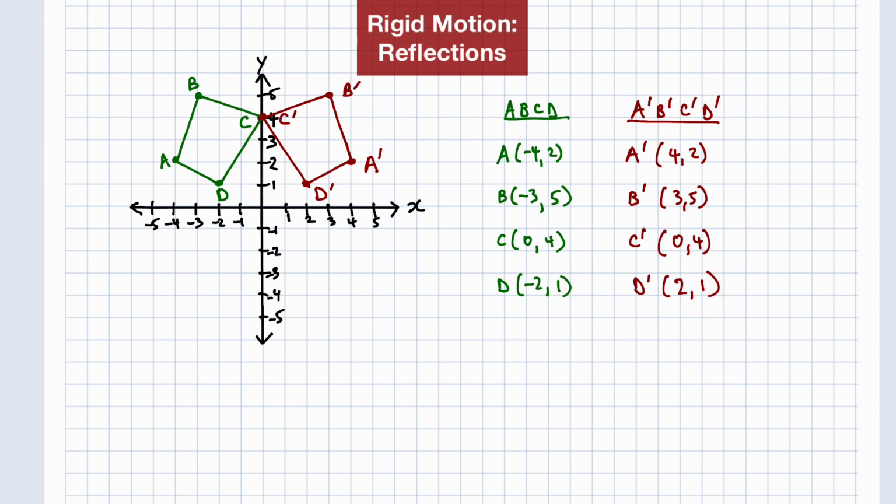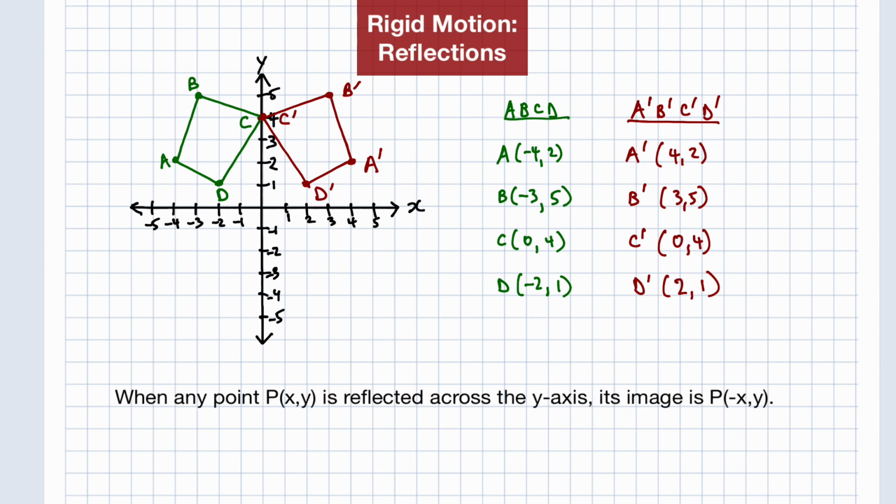Okay, so I think we could safely say that when an object is reflected across the y-axis, so this vertical line here, or vertical axis, the x values change to the opposite, but the y values are exactly the same. So let's go ahead and summarize that statement.